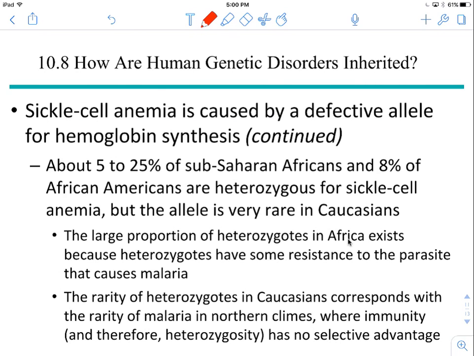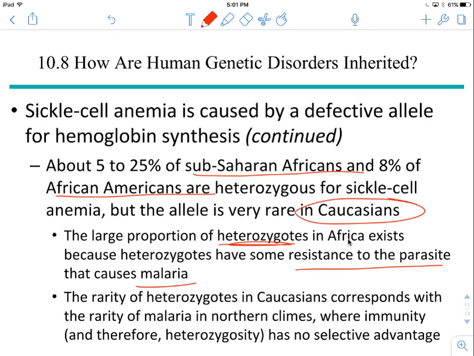Now, this is the interesting part. Sickle cell anemia is much more common in sub-Saharan Africans and African Americans, and the allele is extremely rare in Caucasians. The reason is that if you are a heterozygote, a carrier for the sickle cell allele, that actually gives you resistance to malaria.